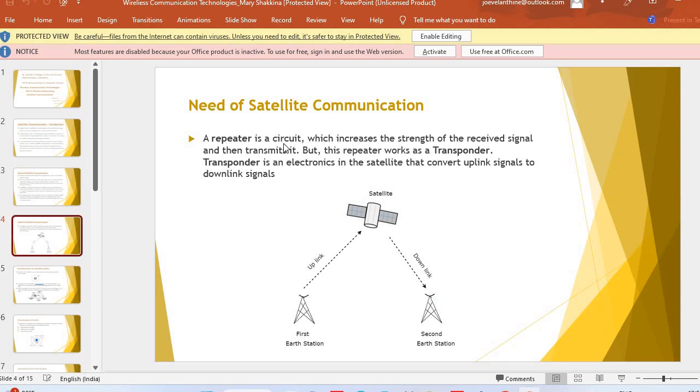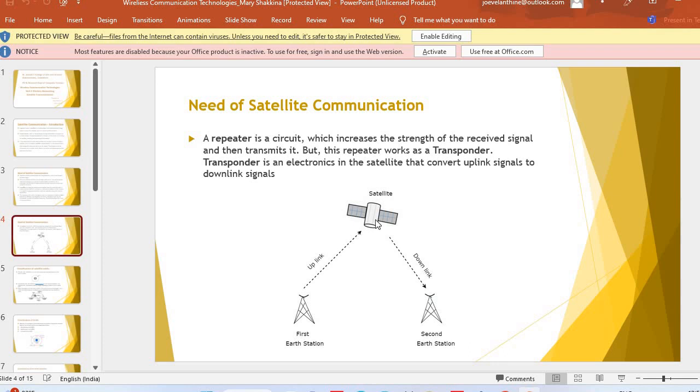A repeater is a circuit which increases the strength of the received signal and transmits it. But this repeater works as a transponder.